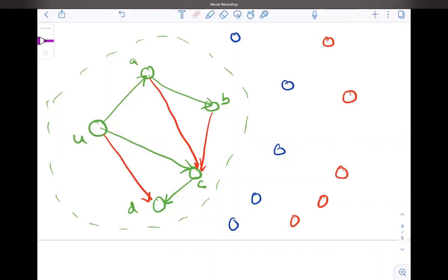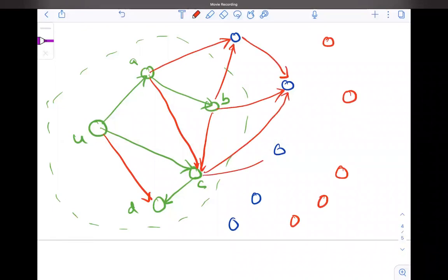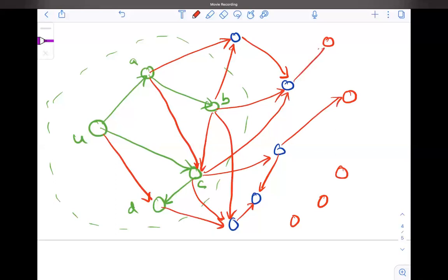Now what all things do I know? I know that from here there are some edges, maybe there are some edges from all of them. They can be just like this, something like that.